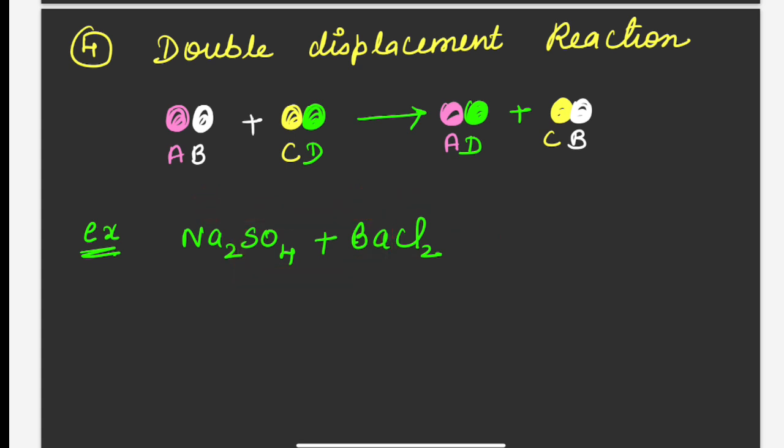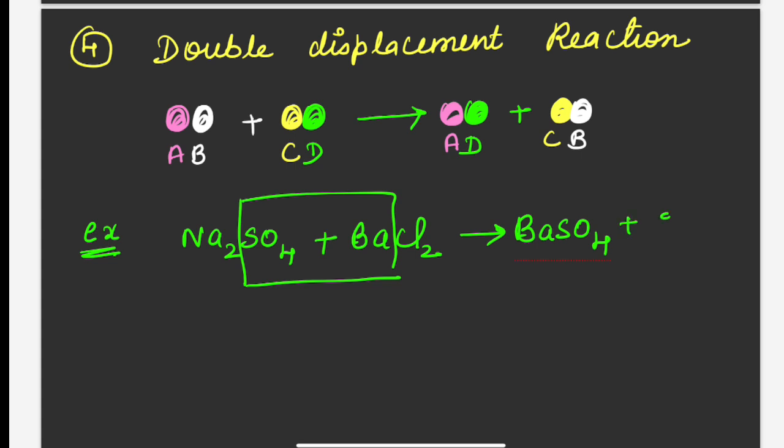So let us write here. This is one product which is formed: BaSO4, barium sulfate, plus sodium chloride. So these are the two products obtained. And here barium sulfate is a white precipitate. What is the meaning of this white precipitate?